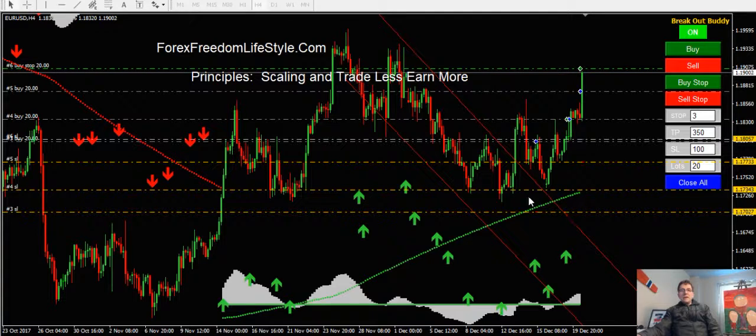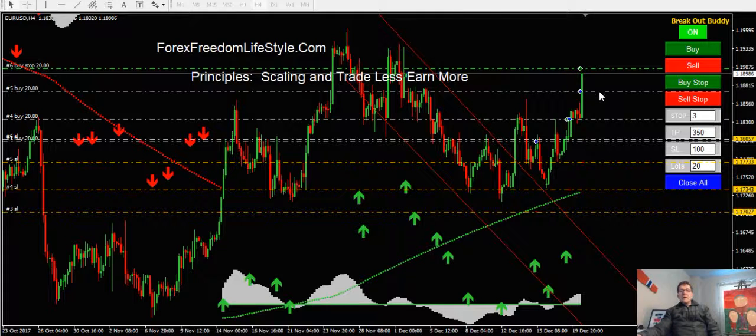We joined in here because our indicator indicated long-term strength. Even though we had a short-term correction here, we only take long trades during the indicator pointing up, and these arrows are showing us when to enter again and again. So we're scaling here.